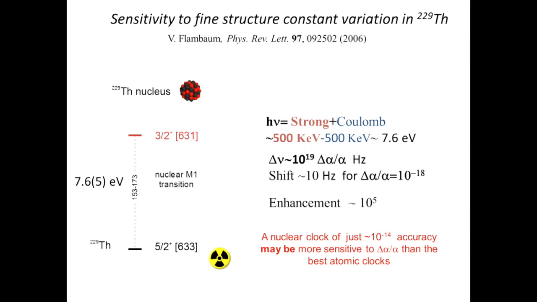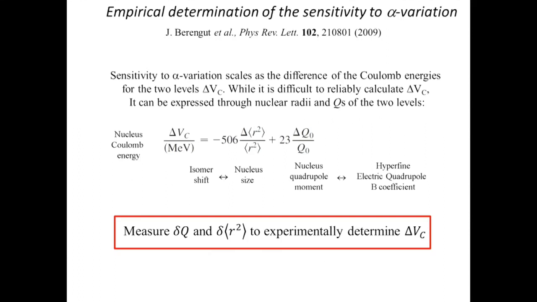But fortunately, though we don't know the value of this number, there is a way to determine it experimentally, as proposed by Victor Flambaum and his colleagues. The idea is that, as they've shown, this expression holds true for a range of nuclear models, with insignificant variation in these two numbers.